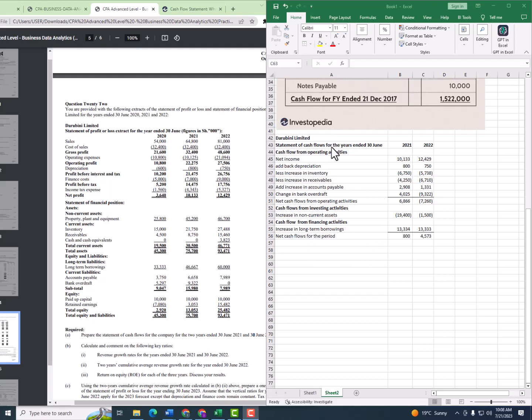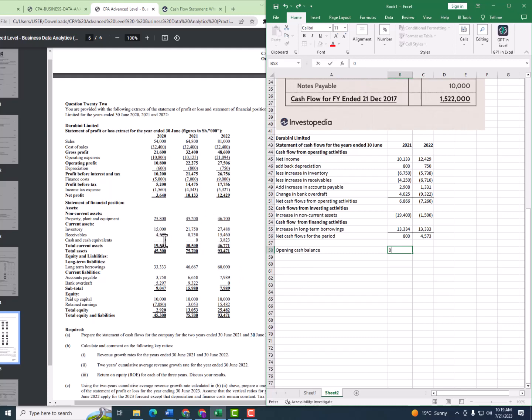But what do you do when you finish doing your work and then you realize that you made an error? So let's write there, opening cash balance. The opening cash balance for 2021 here was 0, right?